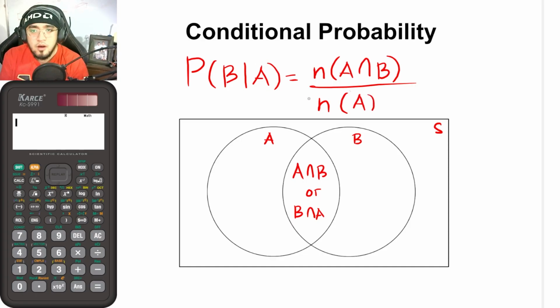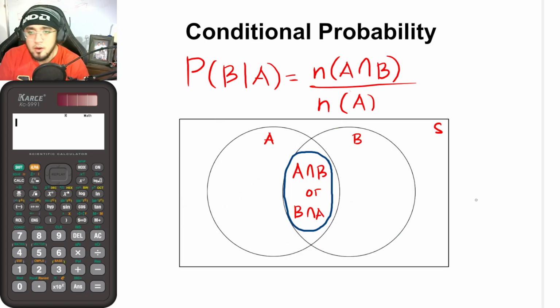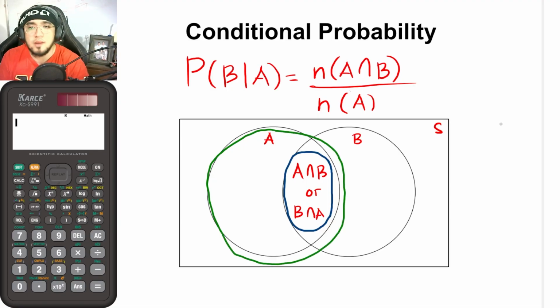So this is now our localized sample space. With that being said, guys, if this is our event, the intersection of both of them, our new sample space is that instead of having the whole section as the sample space, we will only refer to this area here as our sample space.